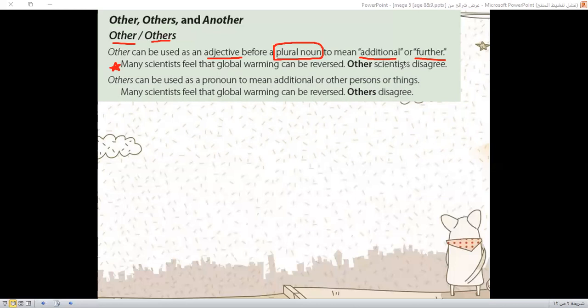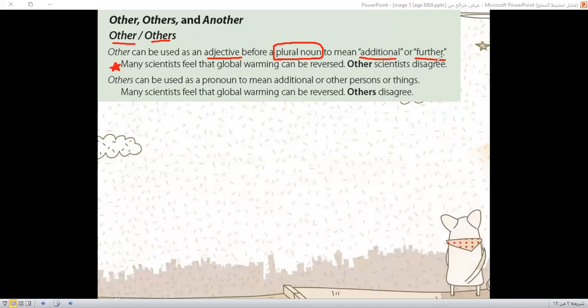Other scientists disagree. Okay, thank you so much, Sumaya. So many scientists feel that global warming can be reversed.